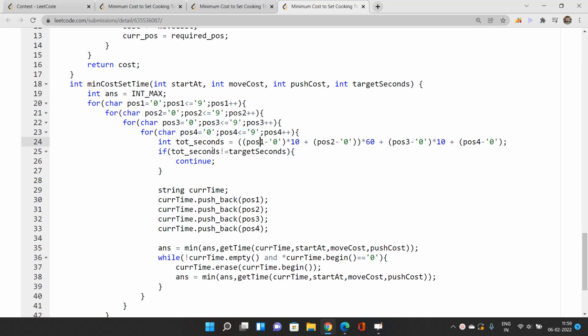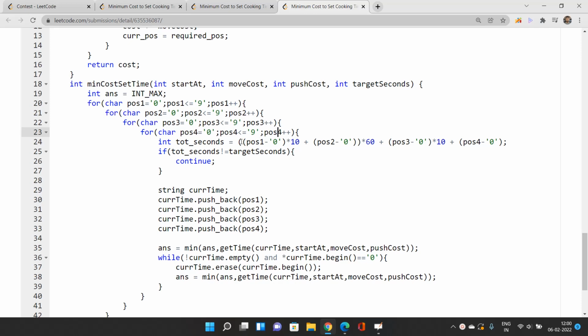Okay, so let's calculate the total number of seconds that is being denoted by this string s. First we will convert this into their respective positions. You can see pos1 minus 0 into 10, pos2 minus 0, and then it will be multiplied by 60, denoting that it will be seconds.